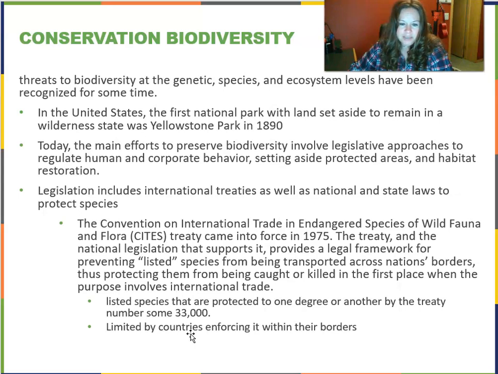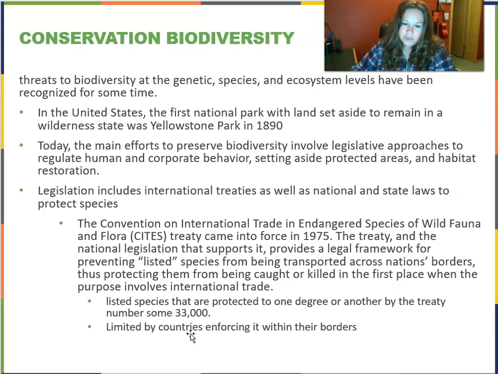So here's some examples. The Convention on International Trade in Endangered Species of Wild Fauna and Flora, also known as CITES. The treaty came into force in 1975. The treaty and the national legislation that supports it provides a legal framework for preventing listed species from being transported across nations' borders, thus protecting them from being caught or killed in the first place when the purpose involves international trade.